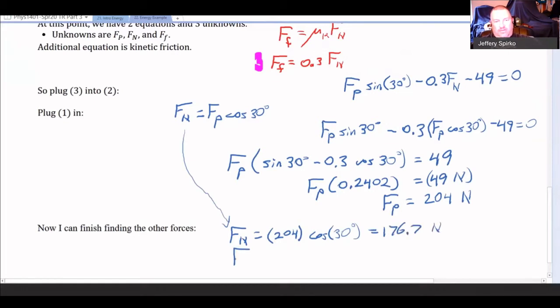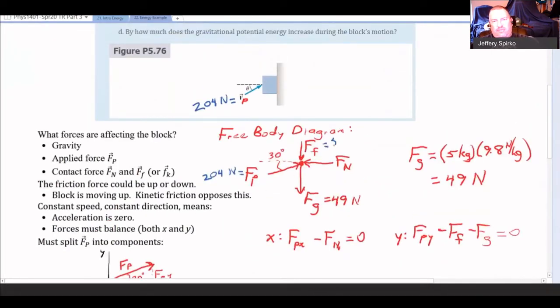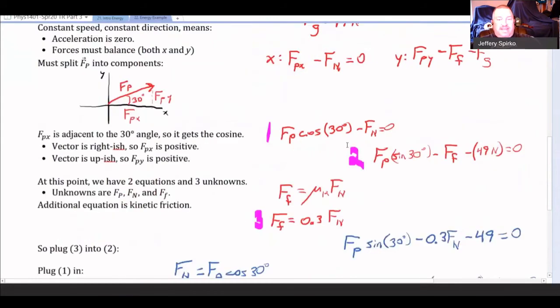And then the force of friction is equal to 0.3 times 176.7. So I just go times 0.3 equals 53.0, 53 newtons. So now we know that this is 53 and this is 176.7 newtons. Whew, that was my force analysis. All complete, all explained out.